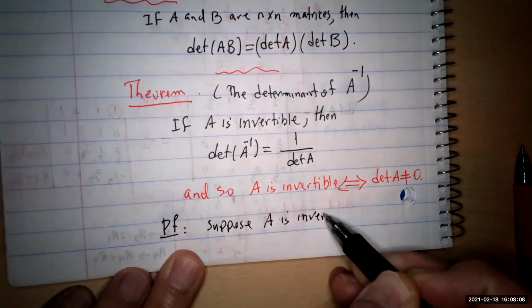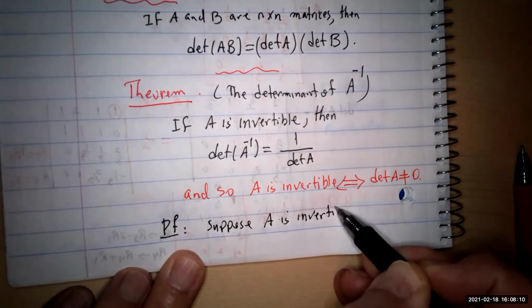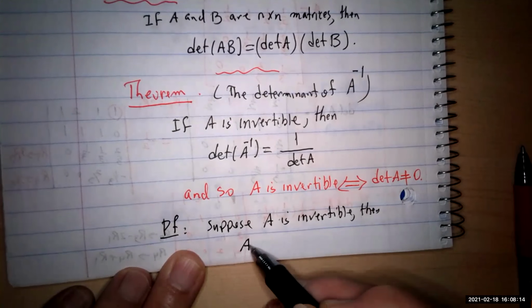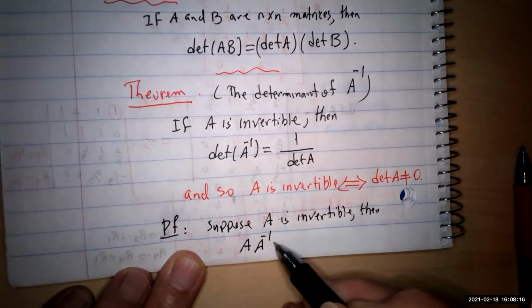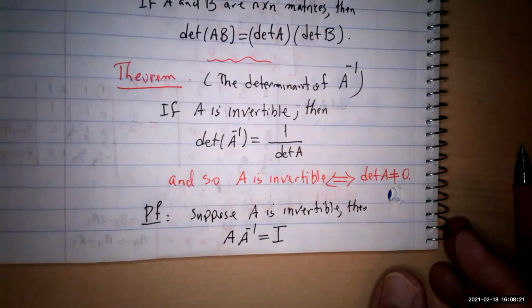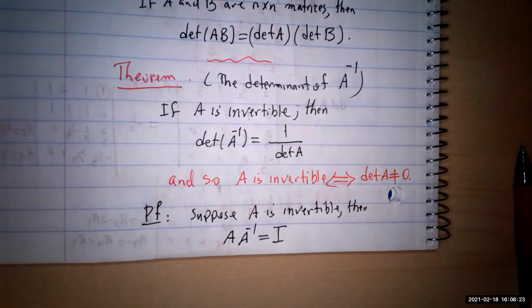If it's invertible, you know that A times A inverse is equal to I, the identity matrix. Remember, 1, 1, 1, 1, 1 on the main diagonal and 0 everywhere else.